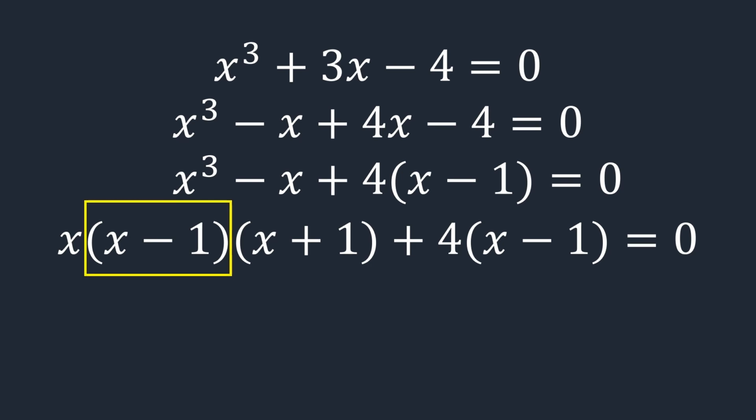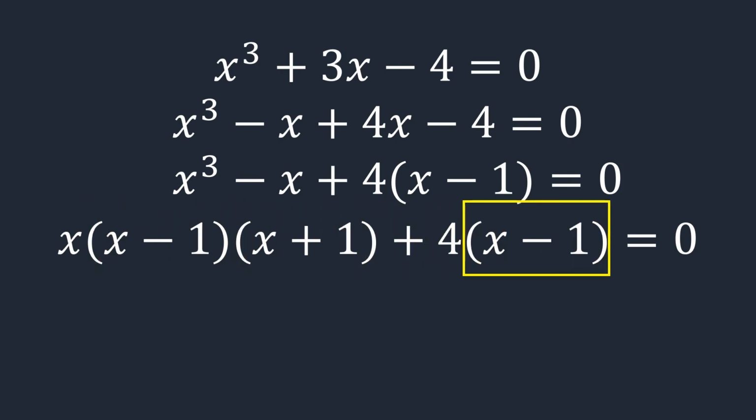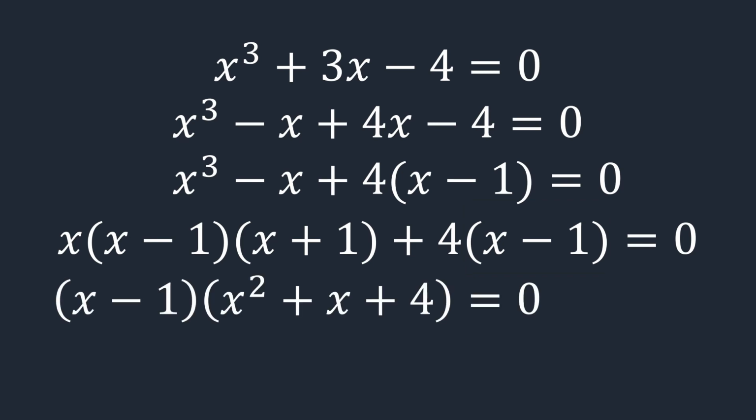Now at this point, you can see that x minus 1 and x minus 1 are common terms, which you can take out of the parentheses. The factorized form of the equation will be x minus 1 multiplied by x squared plus x plus 4 equal to 0. Now we can solve each of the factors separately as one linear and one quadratic equation.